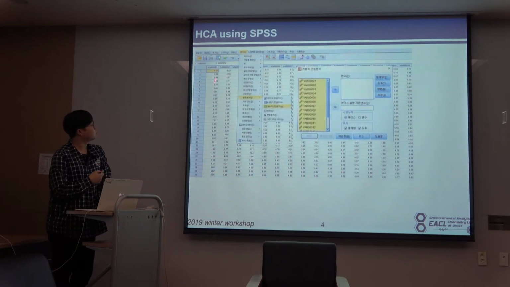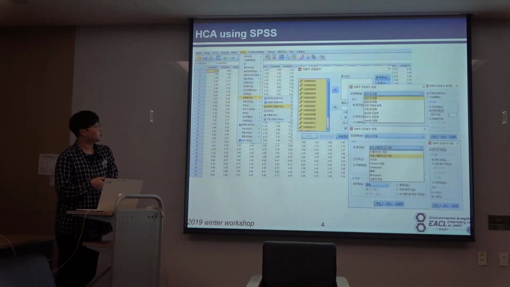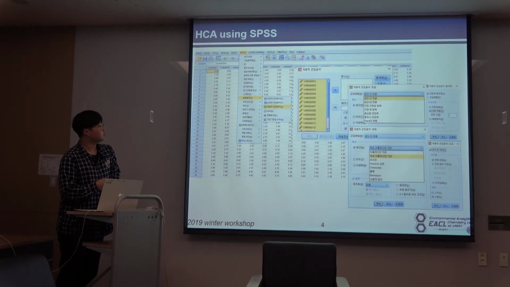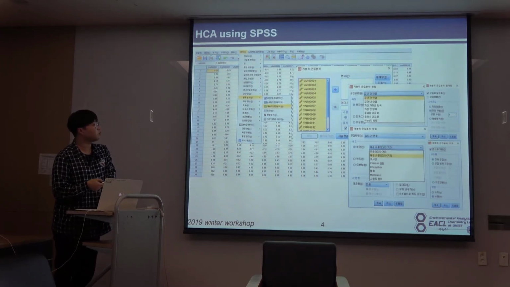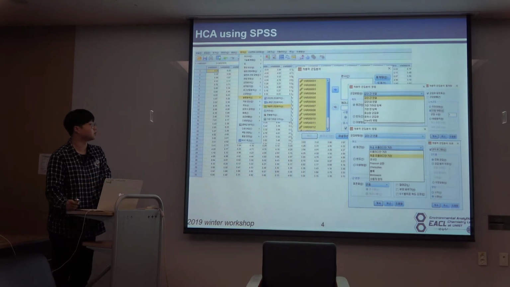And all of this was input into hierarchical cluster analysis, and the values were input as variables, and there are other options such as the matrix option and linkage option, and display options for the dendrogram or other cluster information.